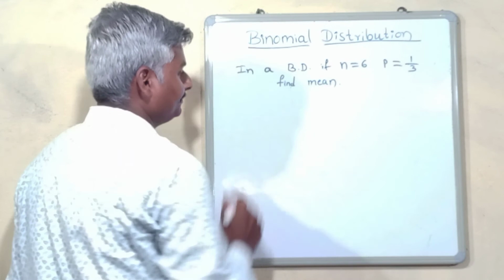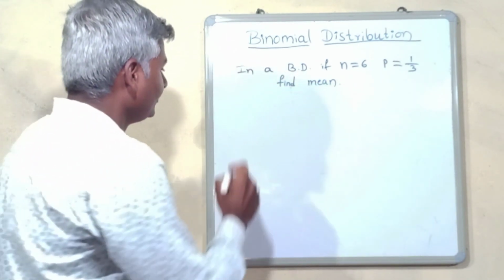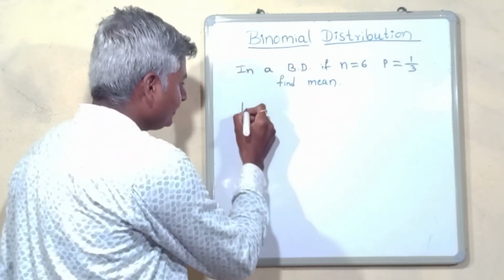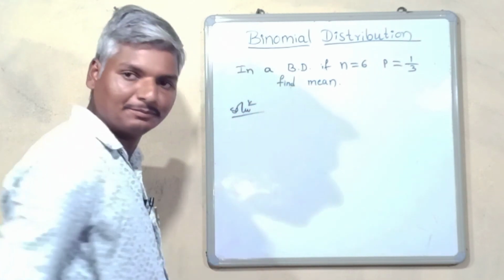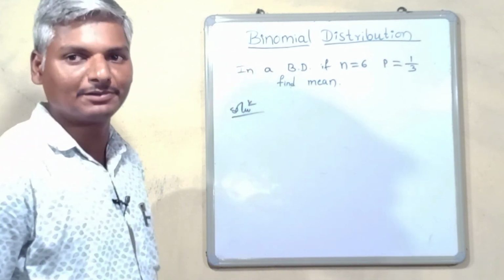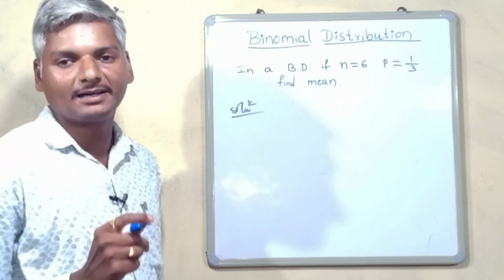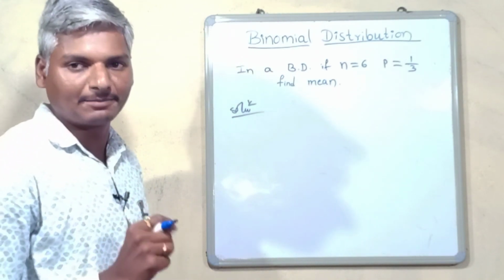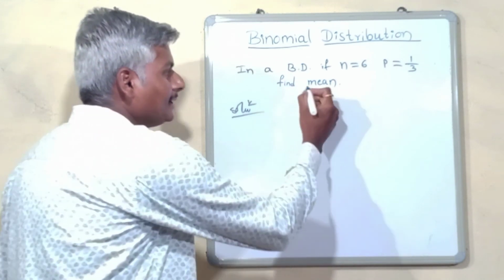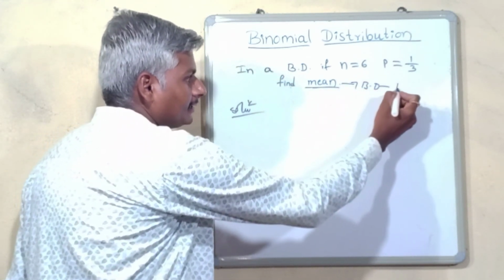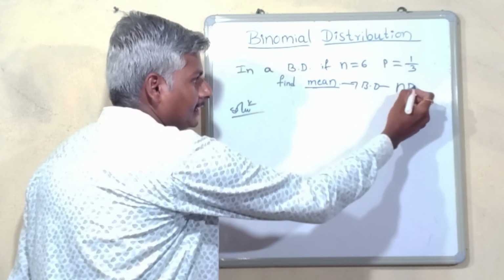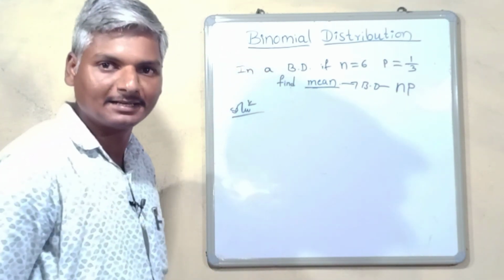We have already seen in the features of binomial distribution that n and p are parameters of binomial distribution. Then the mean of binomial distribution is np, that is n into p.